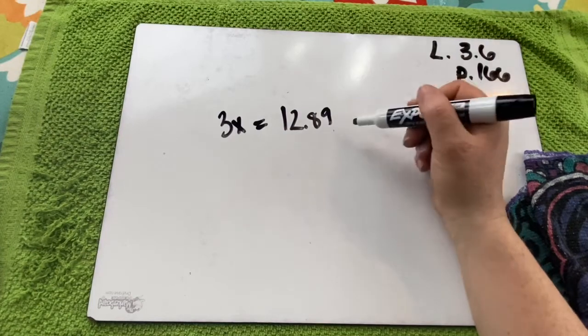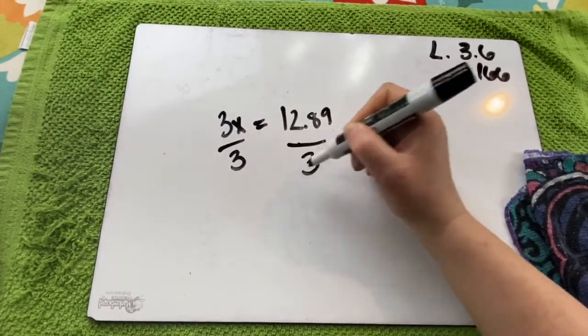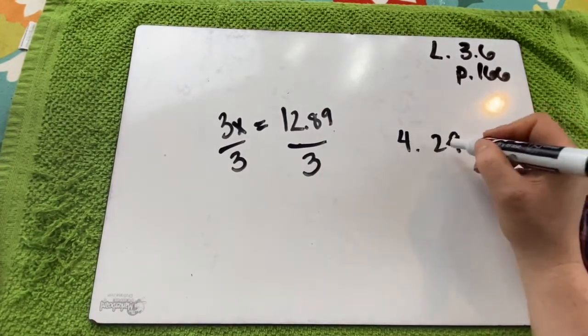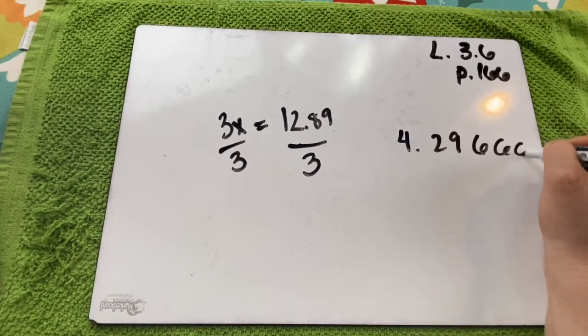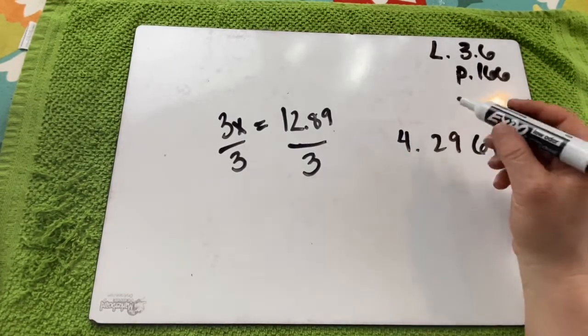I want 3 pizzas. Each pizza costs this. So you're going to divide by 3, which this is going to equal 4.2966666, repeating. Use your calculator for this, okay? It will make life easier.